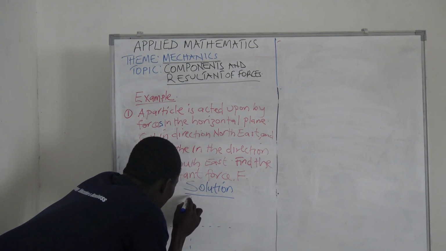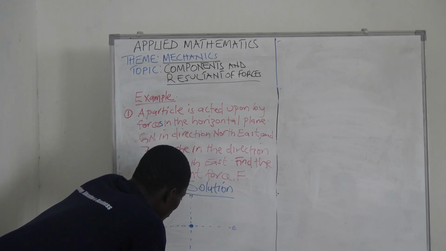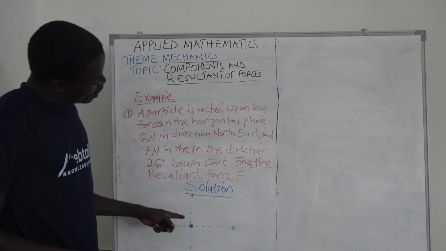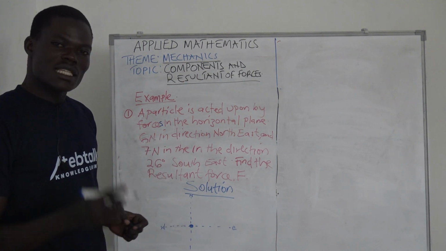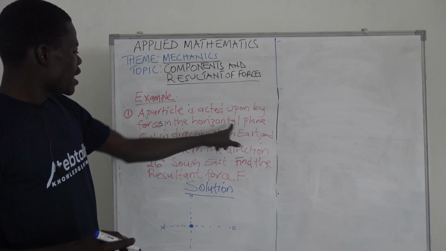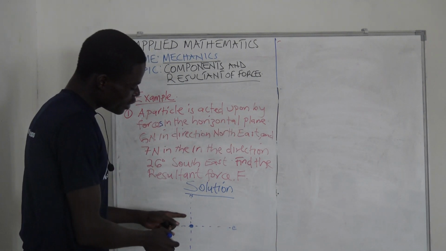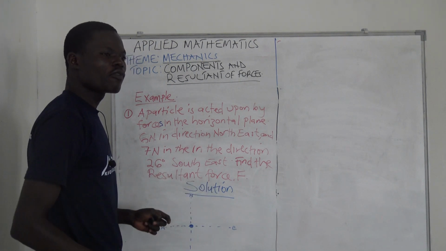This is our direction north, this one east, this one south, this one west. So this force of 6 Newton is acting northeast, between north and east, implying it is acting in the middle of that direction.